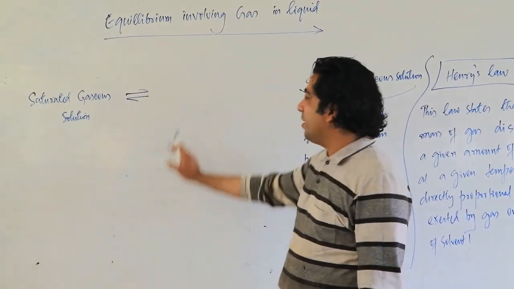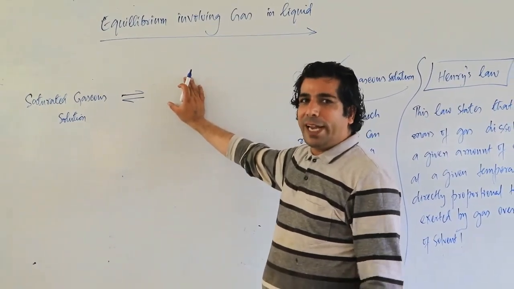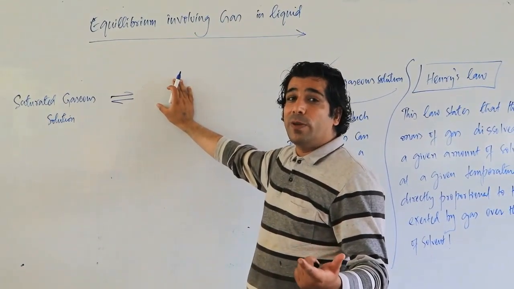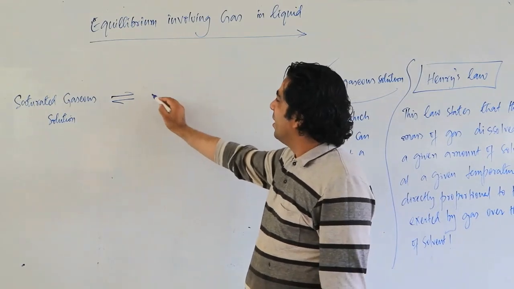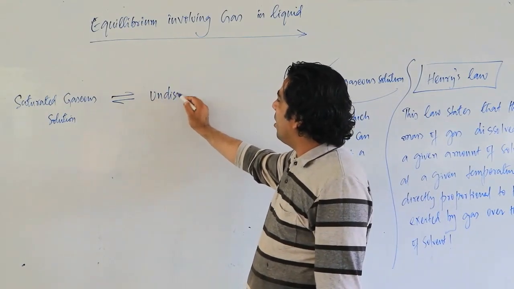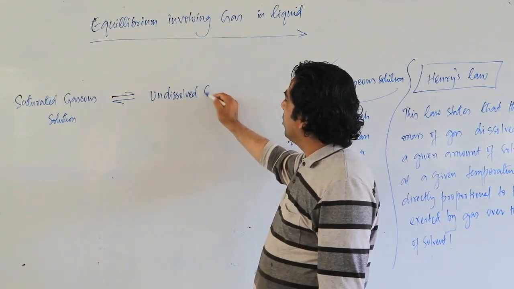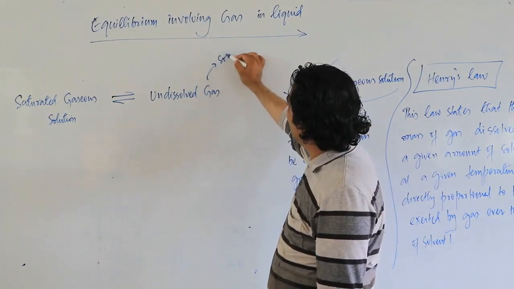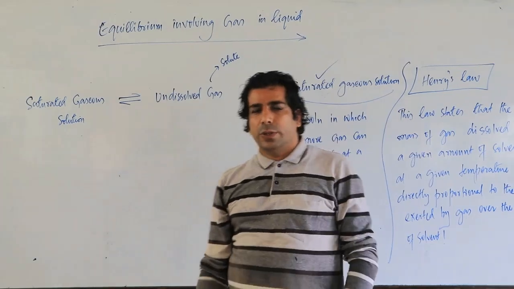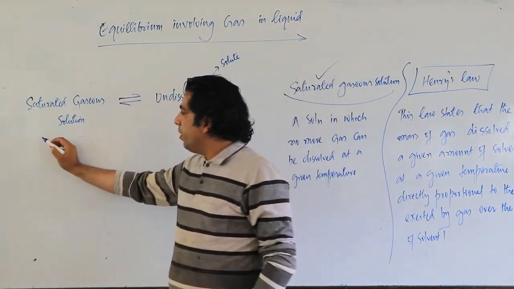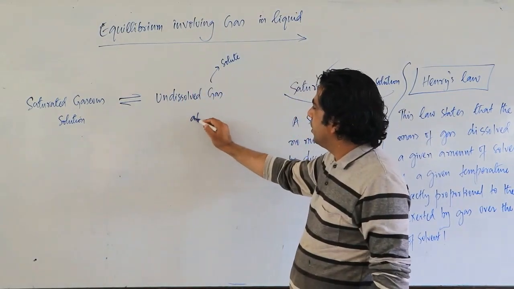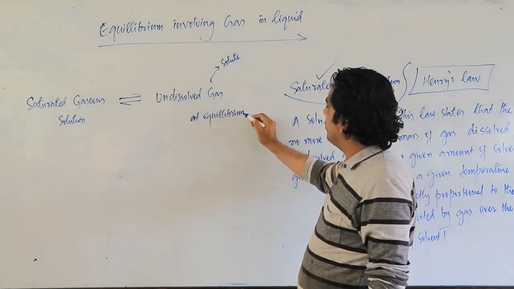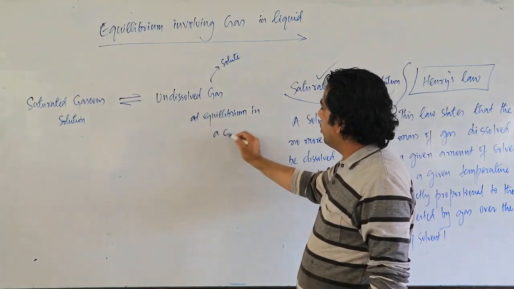Here the solute is not your NaCl or urea, because they are solid. Here your solute will be gas. So understand, it will be here undissolved gas. And obviously this undissolved gas is your solute here. Now we will be writing this out. This all is happening at equilibrium in a closed system.